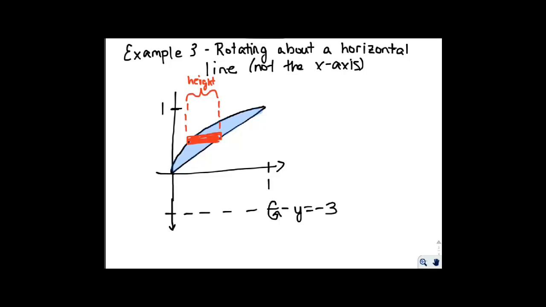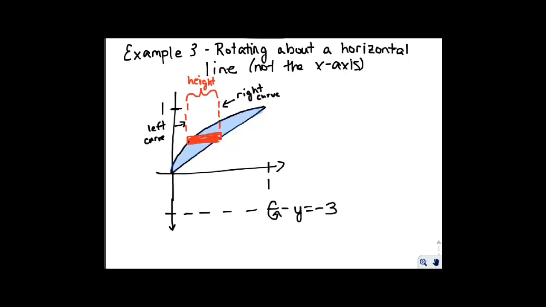So looking at this picture, I've already got the height marked, but one thing we need to realize about the height is that this is the right curve, and it would be the equivalent of being the top curve when you're going top to bottom, and this is the left curve. So instead of looking at it from top minus bottom, it's going to be right minus left.